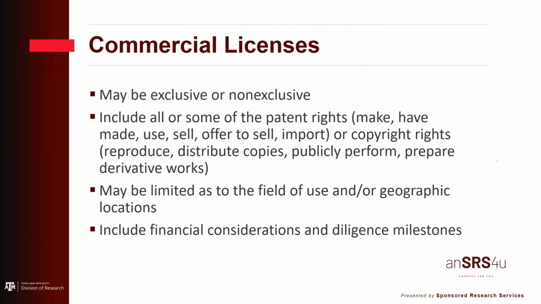But perhaps it also has applications in human medicine. And if this company doesn't work in human medicine, then it may not be reasonable for us to also grant them rights to human medicine applications as well. And so we can actually limit that in the license that we do with the company.